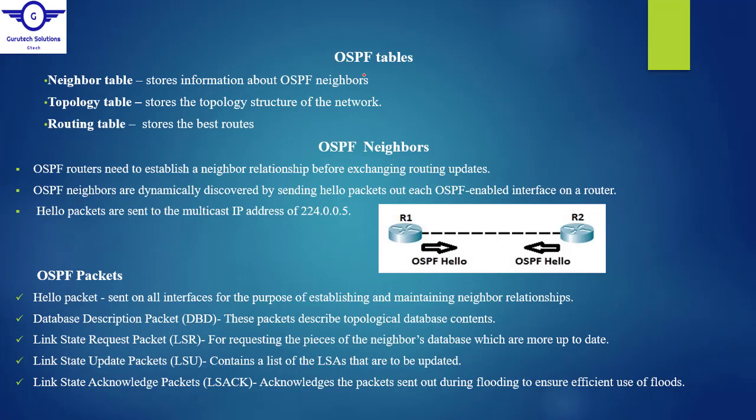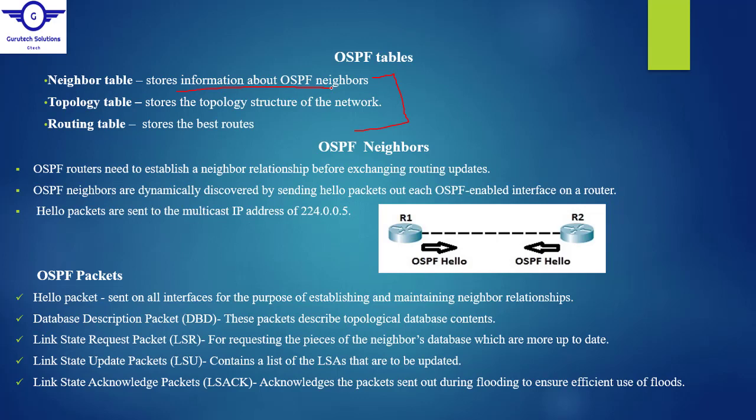OSPF tables. Just like in EIGRP, there are three tables: neighbor table, topology table, and routing table. For OSPF, the neighbor table stores information about OSPF neighbors.